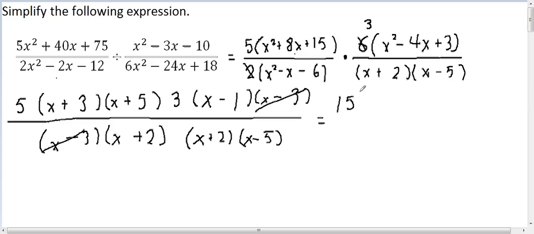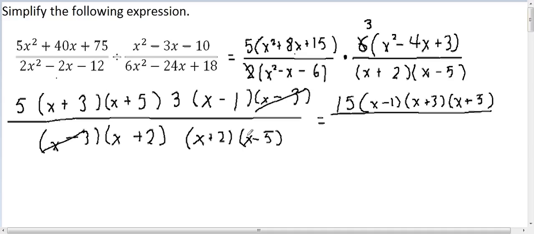We have x minus 1, x plus 3, and x plus 5. Then, since we have two copies of x plus 2, we can write this as x plus 2 squared, and we have x minus 5.